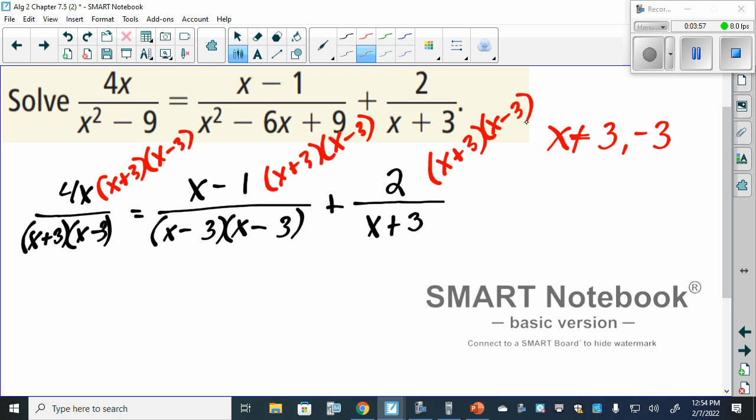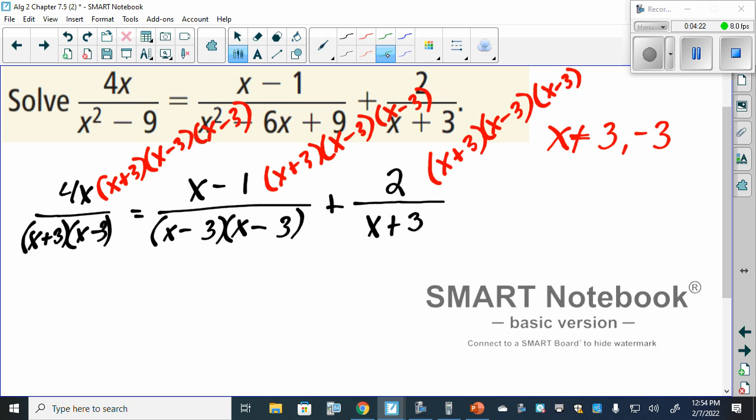Anything else? We would need a second x minus 3, because when we look at the middle one, the denominator is x minus 3 twice, so we'll need it twice. You basically have to have everything.